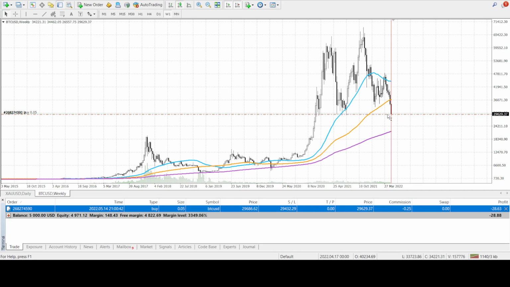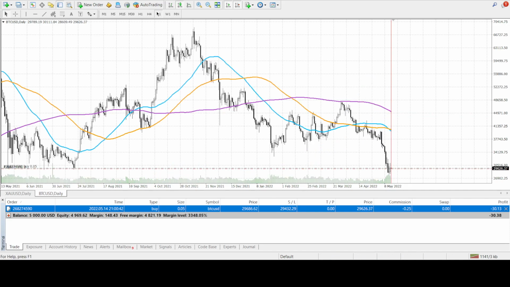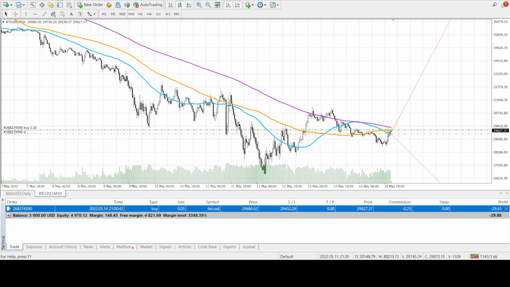And that's where I'll do my charting. That's where I'll look at my moving averages. I'll look at my patterns. I'll look at where I'm looking to enter. Then once it starts to get close to that region, I'll switch down to M30, right? Where I can see short-term sentiment.